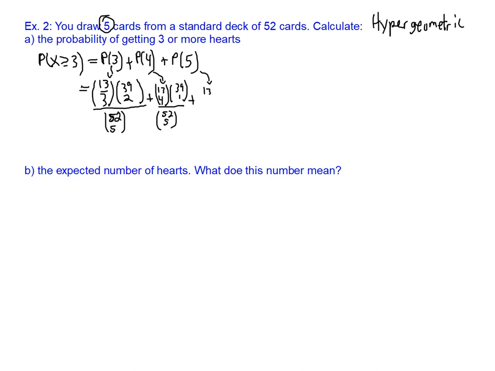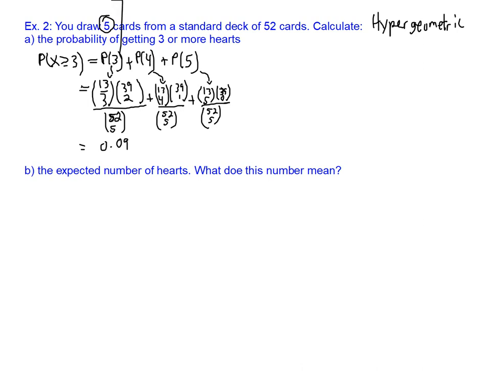We want 5 of them. I'll put this in here, you don't need to put it in, but that means that from the rest of the 39 cards, we need 0 of them. 39 choose 0 is just 1. And that's out of 52 choose 5. Again, you can go ahead and calculate each of these, add them up, and if we've done this correctly, we should get a total of 0.09. So the probability of getting 3 or more hearts is approximately 9%.